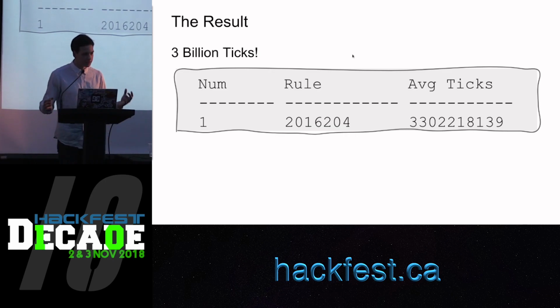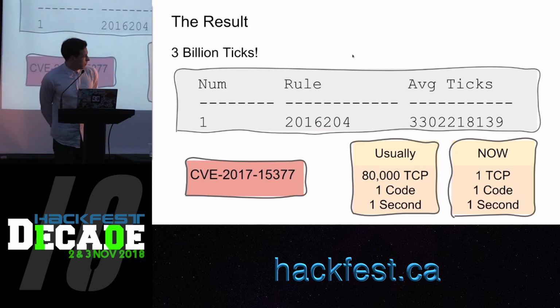So by sending a special TCP packet near the IDS system, it checks this packet for 1 second. So usually it is 80,000 times faster. But now one CPU core checks 1 TCP packet for 1 second.